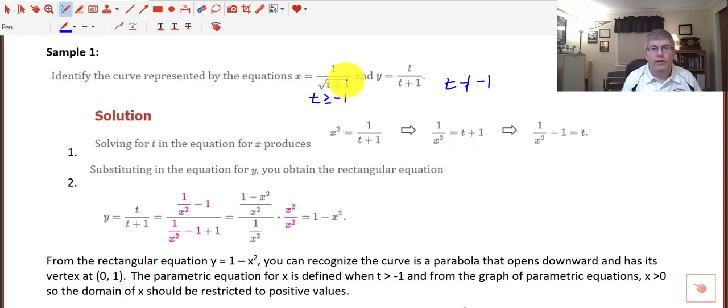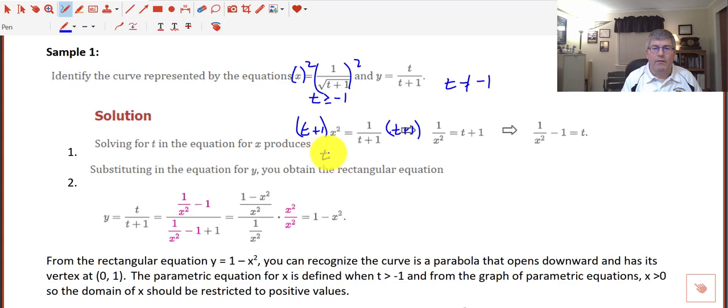To get rid of the square root in the denominator, we have to square both sides. So they squared both sides, and we got x squared equals 1 over t plus 1. Continuing to solve for t, we multiplied both sides by t plus 1 to get that out of the denominator.